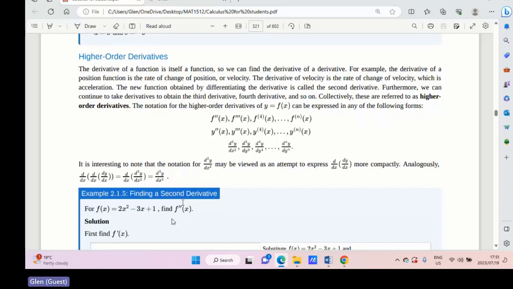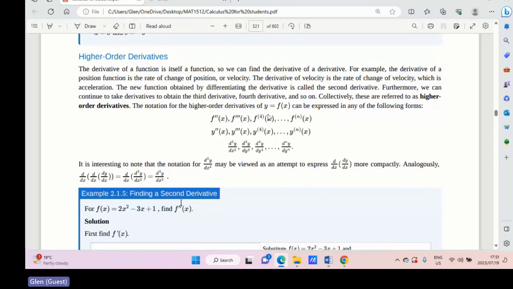Now they say find f double prime. That means f prime of x is the first derivative. If there are 2, second derivative. If there are 3, third derivative. 4, fourth derivative. Just like that.